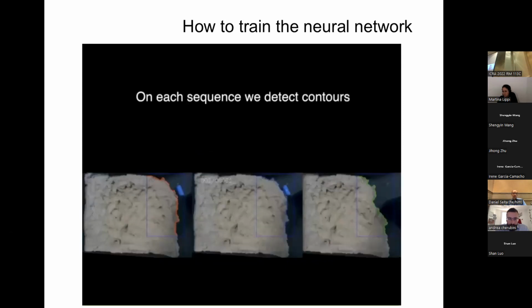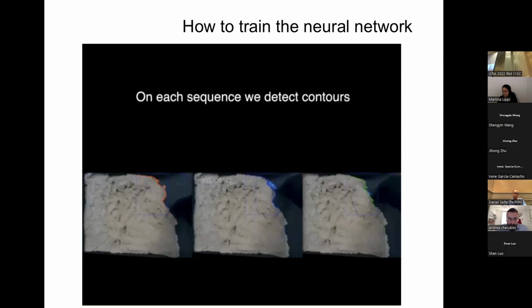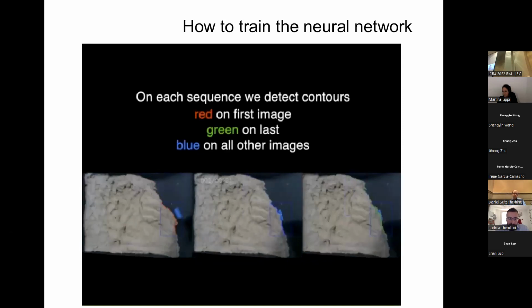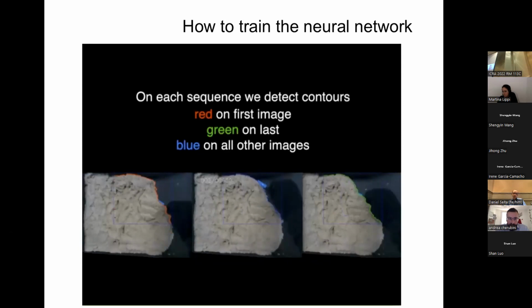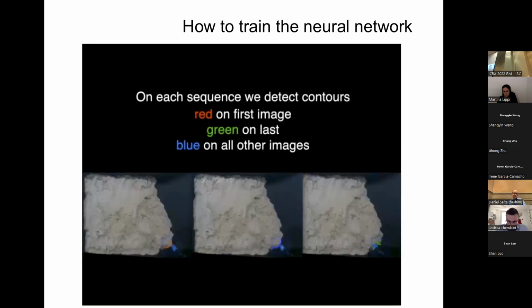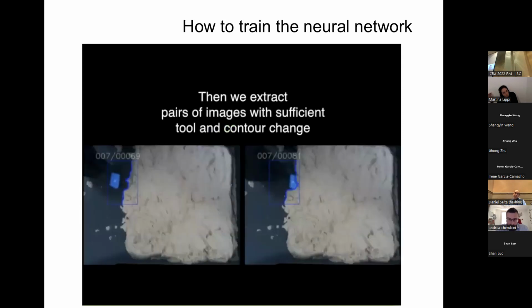And this we can do by checking when the tool stops or changes velocity. Then we can, of course, detect the contour changes between these. Red is the first, blue is the last, and green is the intermediate.